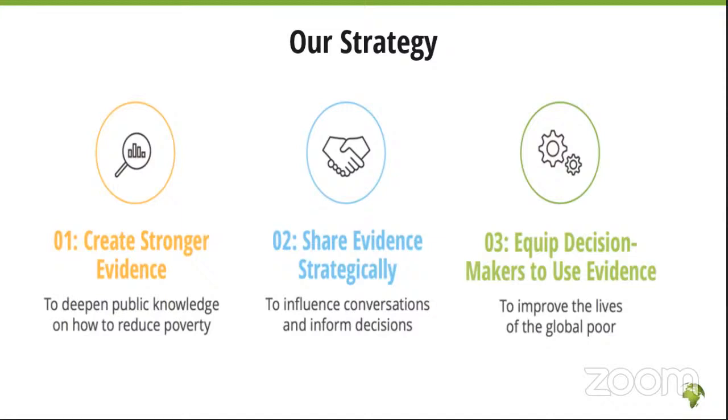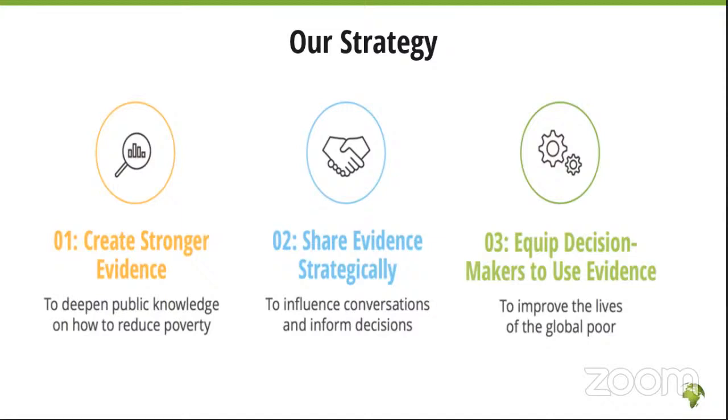Strategy 2 is to share this evidence strategically. After we've conducted research and we have our facts right, how are we able to influence conversations and inform decisions? That is why we work with policymakers to understand the real policy gaps that we are able to address through research.